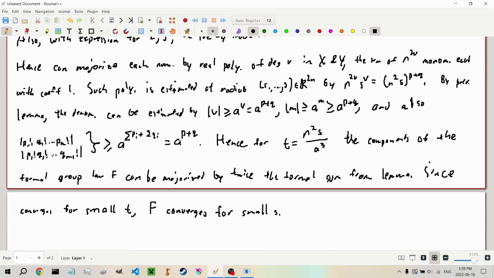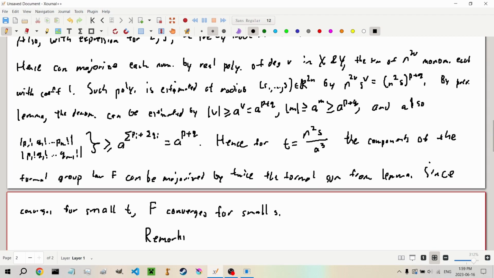Now, we have a couple remarks to follow this up. When G is nilpotent, as the algebra, f is a polynomial and converges trivially.